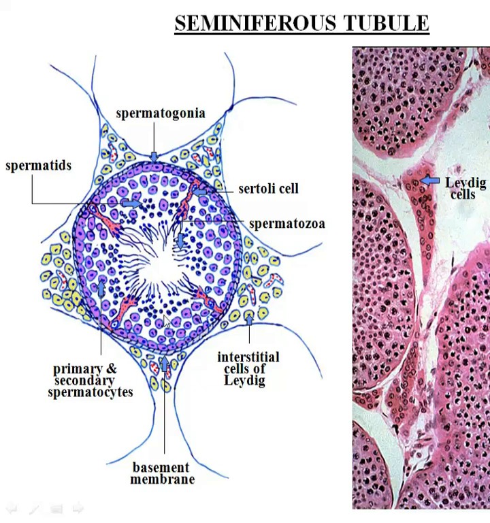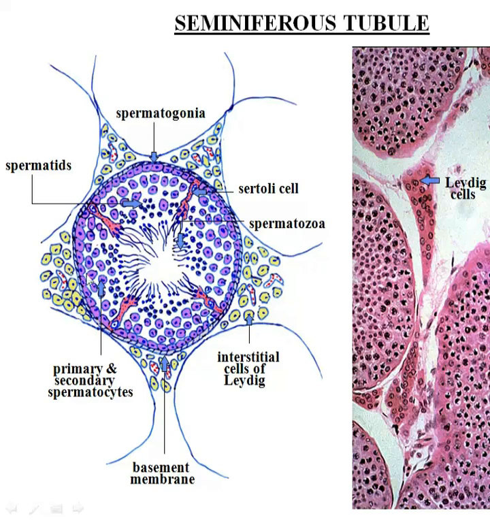Now we'll see the detailed components of the seminiferous tubule. Basically this is a round, tubule-like structure. Here there is a basement membrane, and on that basement membrane there is a cellular layer called the spermatogonial layer.